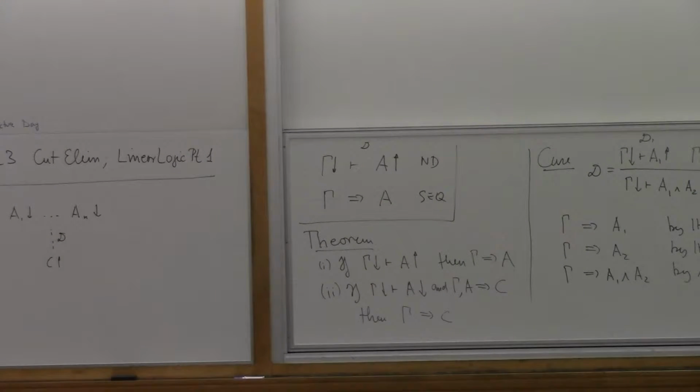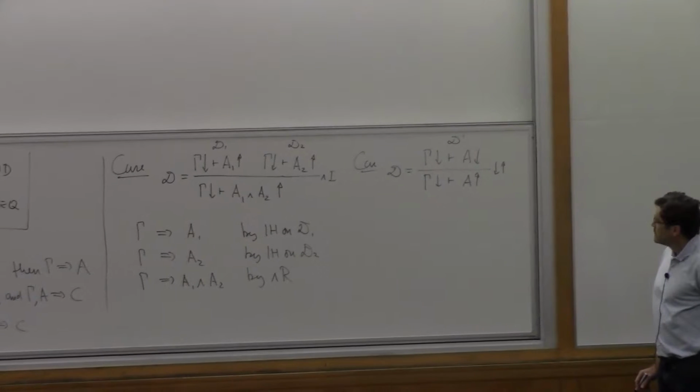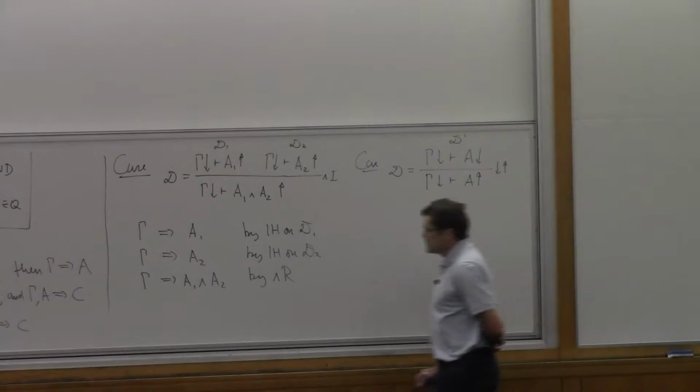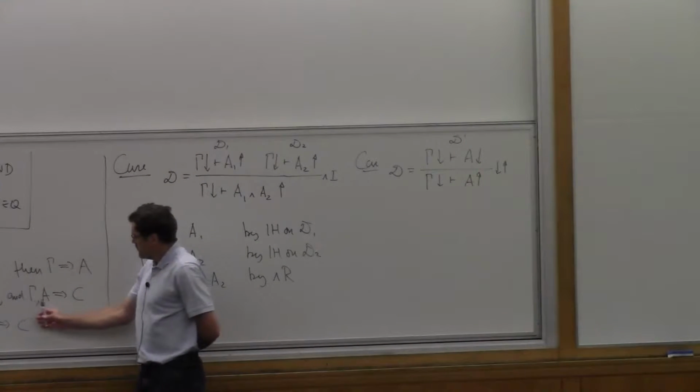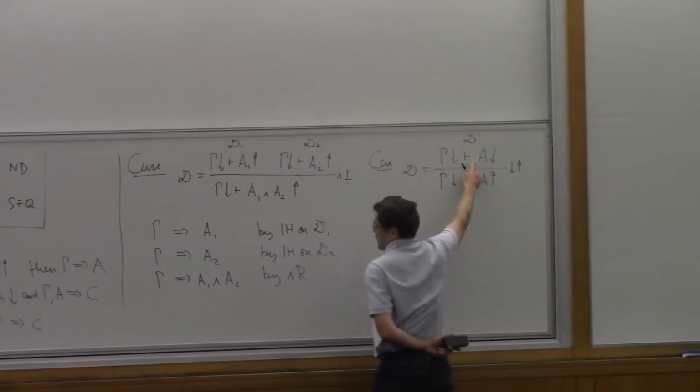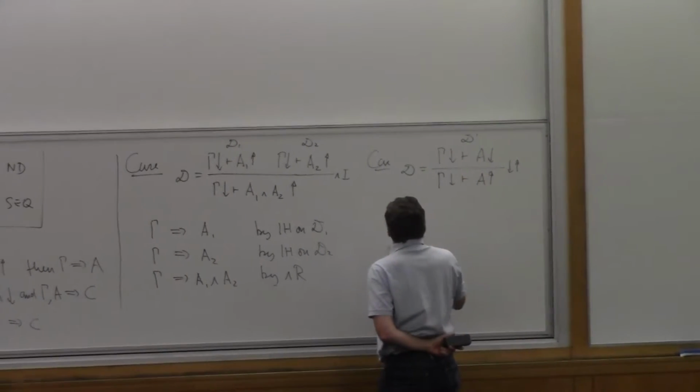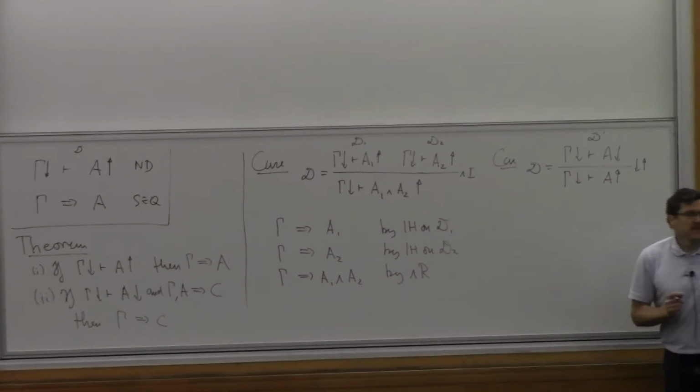Okay, let's see if it works here. So first, to apply the induction hypothesis, we should have some proof of gamma together with A proves something. So what would that be?